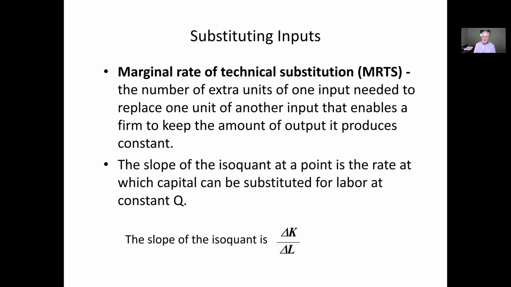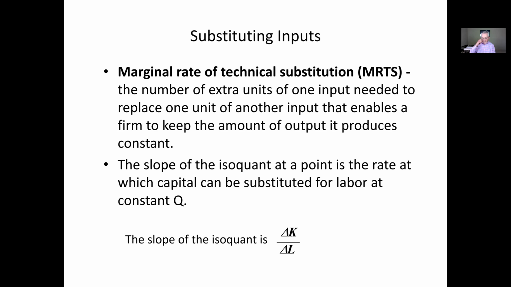The marginal rate of technical substitution in our context here tells me how many units of capital at most, the amount of capital that we can eliminate in exchange for an additional unit of labor.